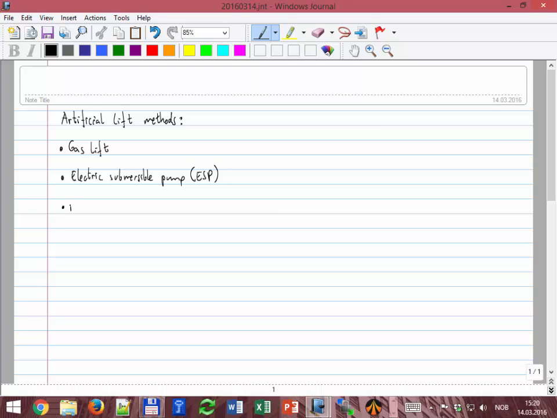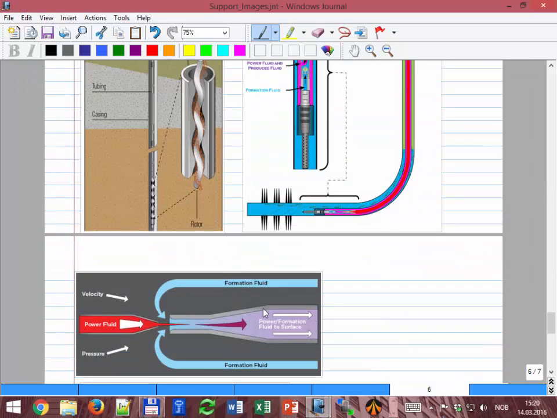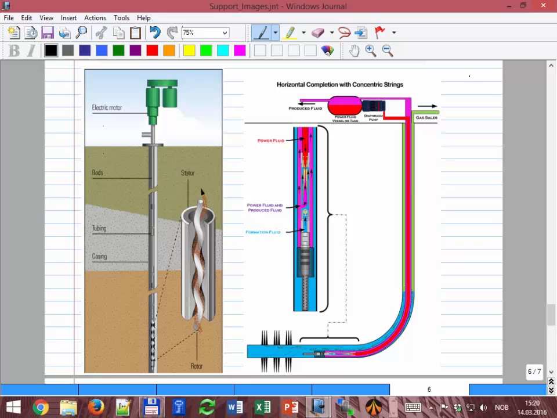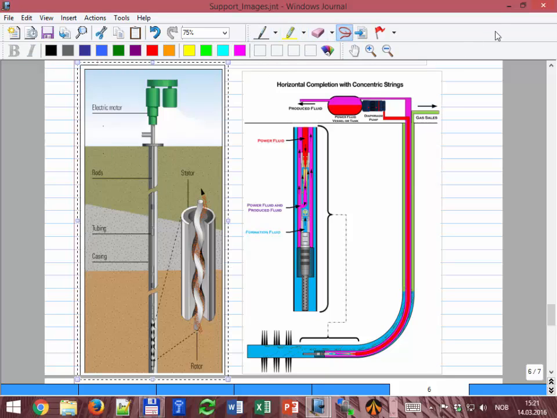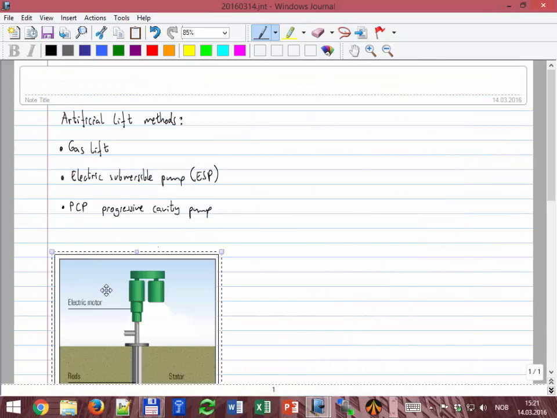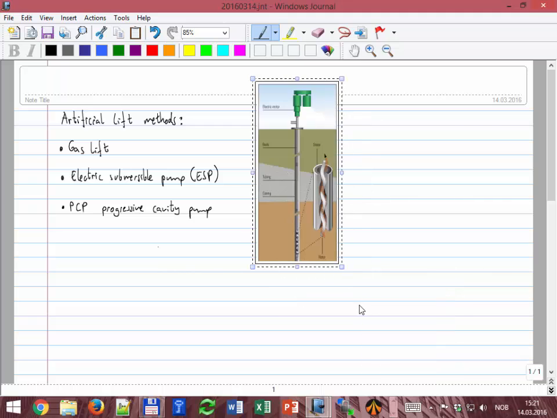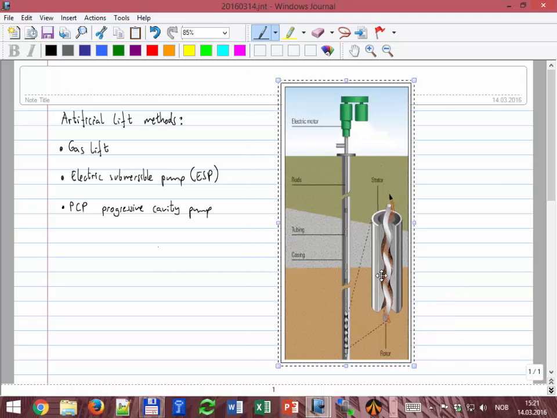And we have PCP, that's progressive cavity pump. So progressive cavity pump, that's the way it looks like. It's kind of a pump that is a screw that is rotating, and the fluid is passing from one cavity to the other.